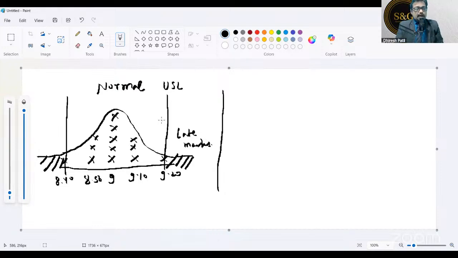Understand this. The reason is, in process capability calculation, we consider something called area under the curve. Maybe just note this down. Area under normal distribution curve.